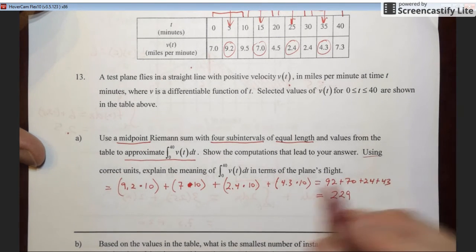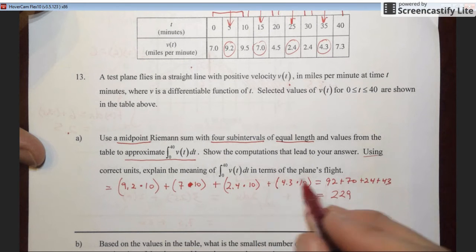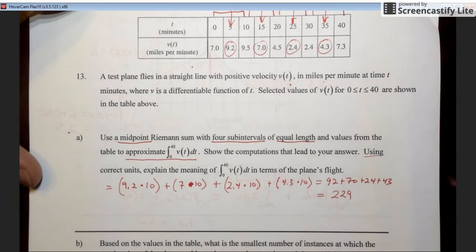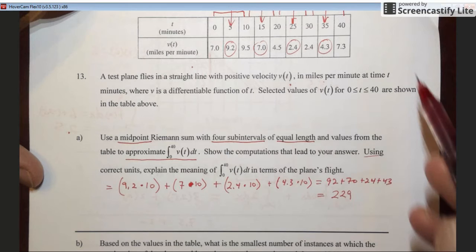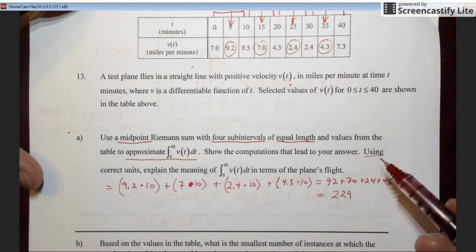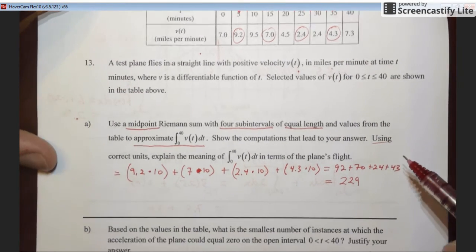Now, using correct units, explain what it is that you just found. What is this 229? Well, this is a velocity function. So remember, the area under this curve represents the total distance traveled. All right.